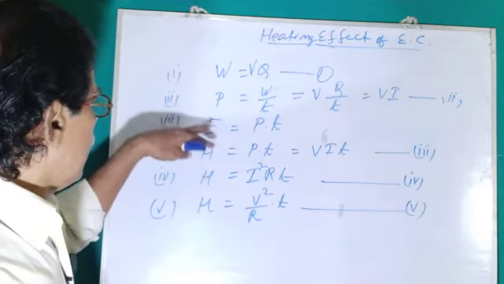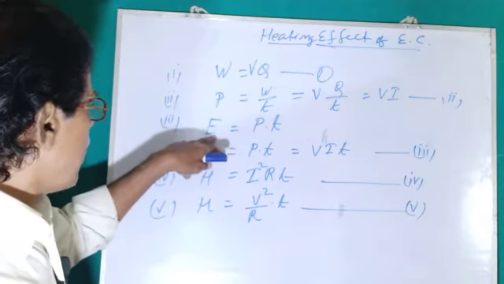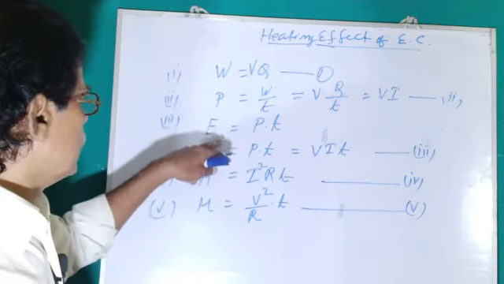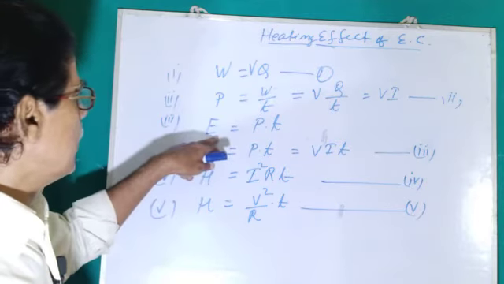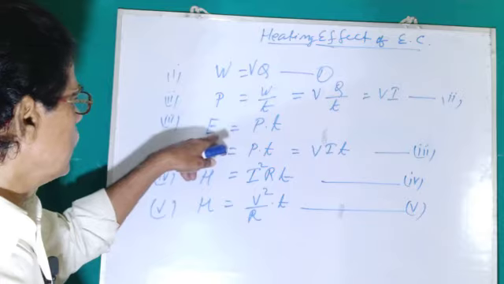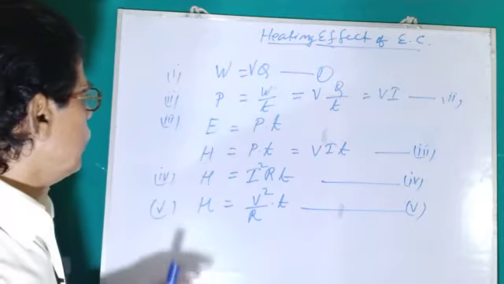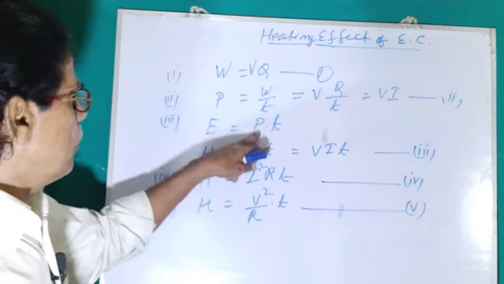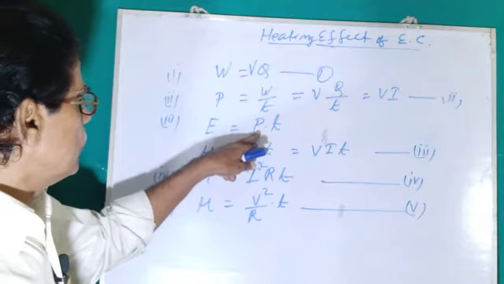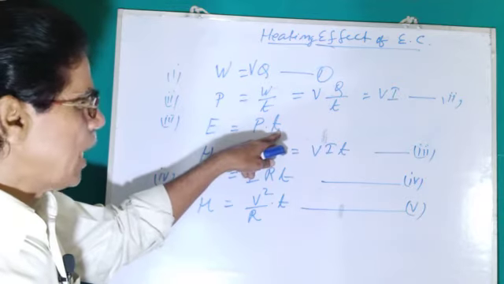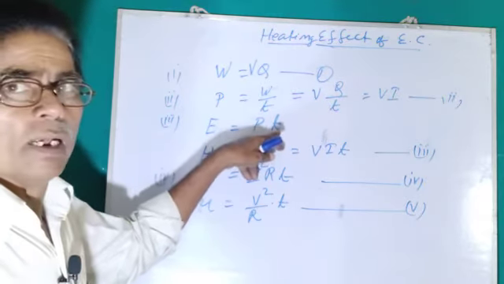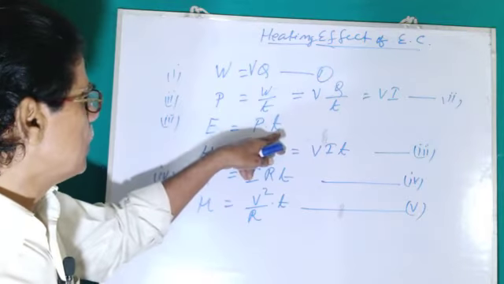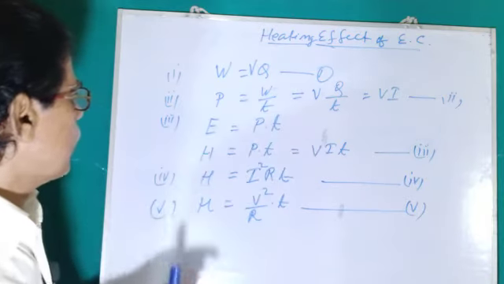Similarly, the amount of electrical energy consumed may be calculated by the relation E equal to P into T, where P is the power of the appliance and T is the time for which the electrical appliance has worked.